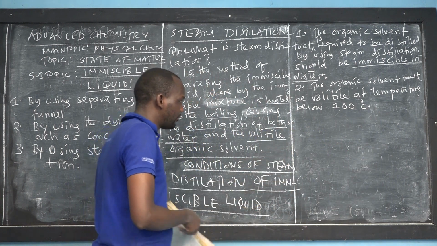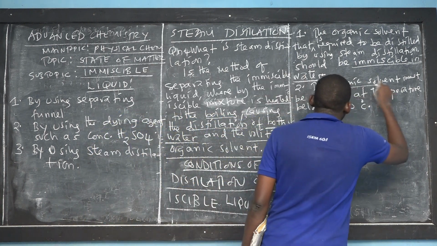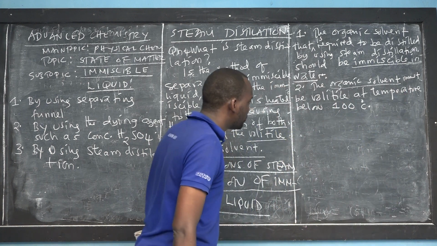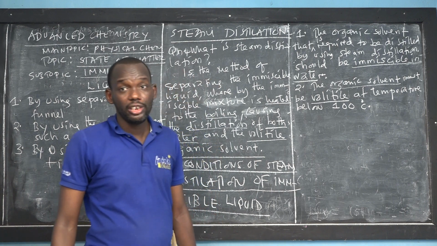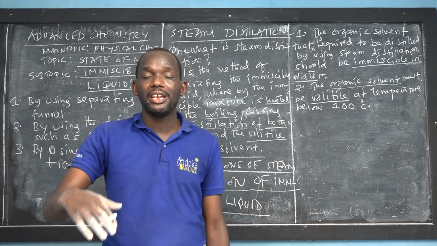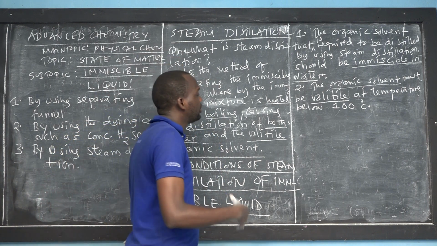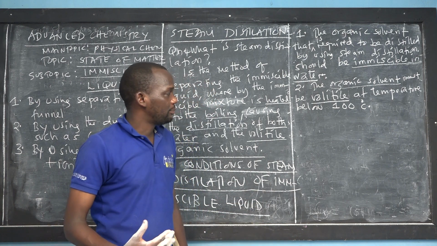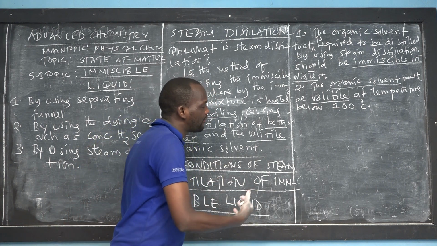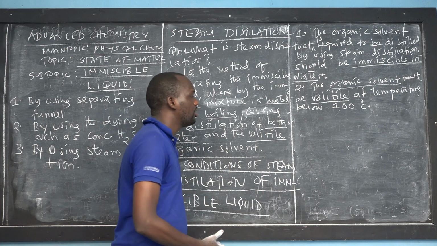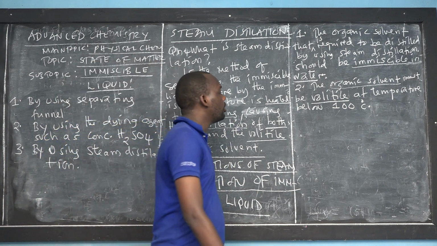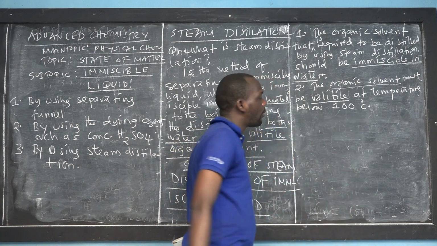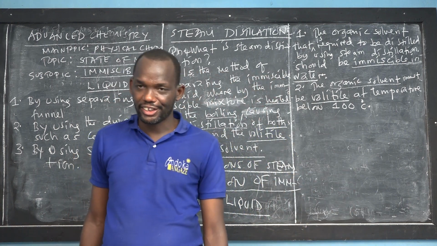So the organic solvent, which you call the second liquid forming the immiscible liquids, should be volatile. It means this organic solvent must have the property of forming a vapor at a temperature below 100 degrees centigrade.